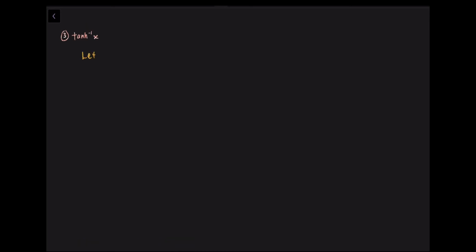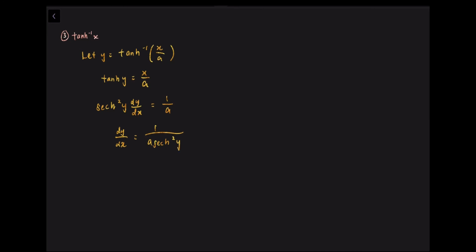For inverse tan x, we have y equals inverse tan x over a, therefore tan y equals x over a. Differentiating tan y equals x over a, we obtain sec squared y dy/dx equals 1 over a. So dy/dx equals 1 over a times sec squared y, which equals 1 over a times 1 plus tan squared y, using the identity.